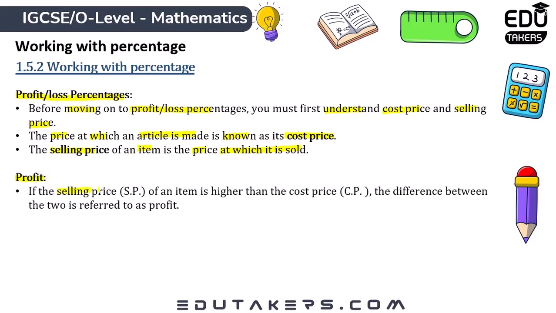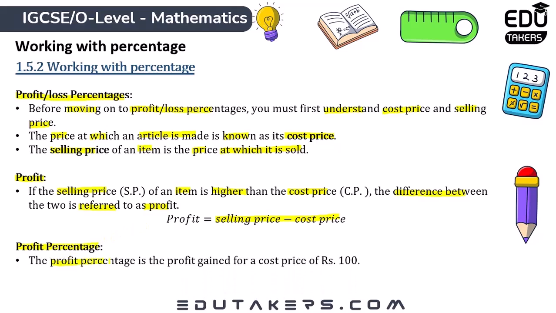If the selling price of an item is higher than the cost price, the difference between the two is referred to as a profit. So profit equals selling price minus cost price. Profit percentage is the profit gained for a cost price of Rs 100. So profit percentage equals profit over cost price multiplied by 100.